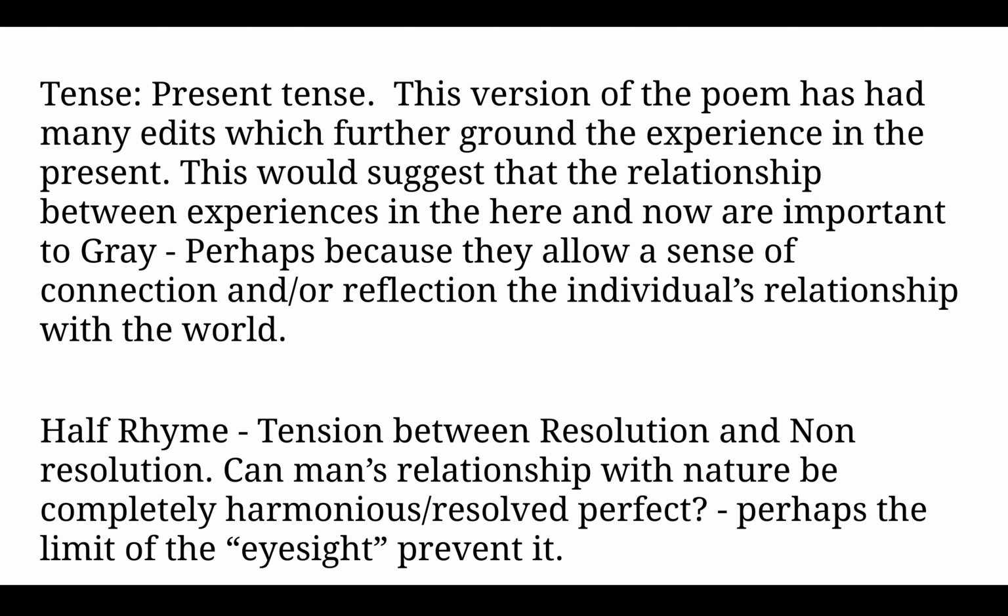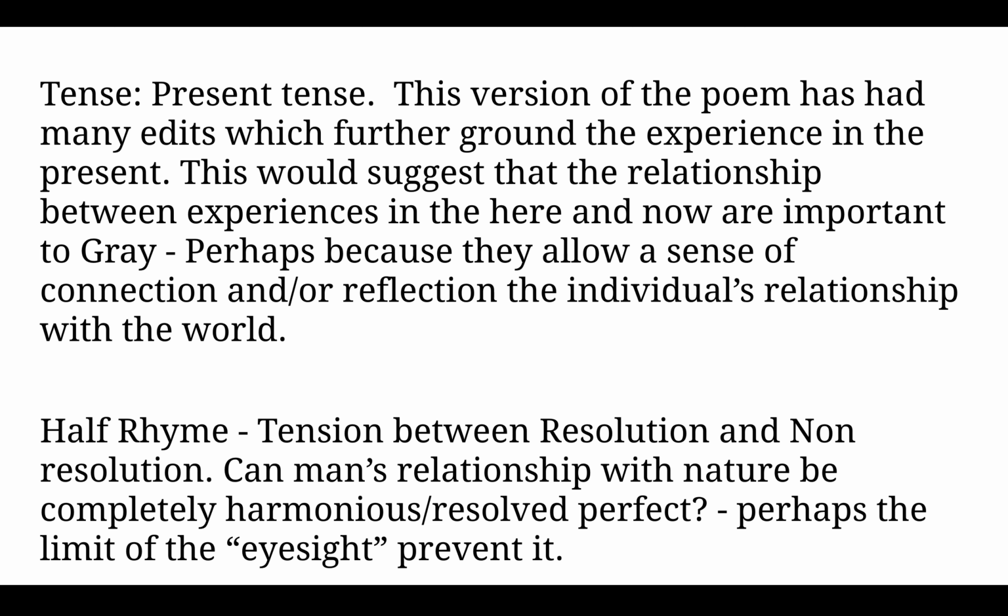What I do want to move on to, though, is two things that I think are structural elements that happen throughout the whole poem. I think tense here is incredibly important, and it's present tense. This version of the poem, which goes from 6 stanzas to 4, has actually emphasised the fact that this is something happening in the present tense. Now, I think this suggests that Gray wants to emphasise that experiences, especially in nature, in the here and now, are important.